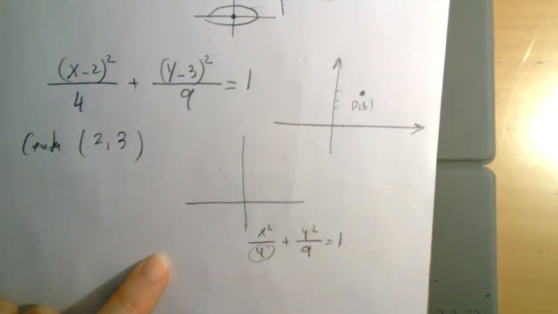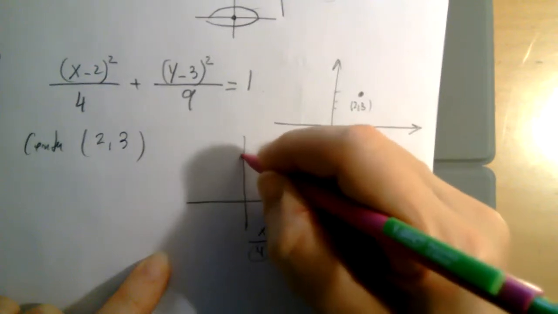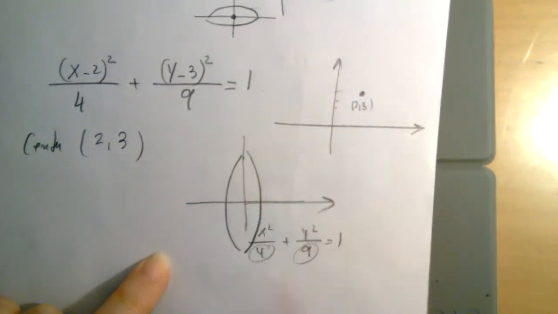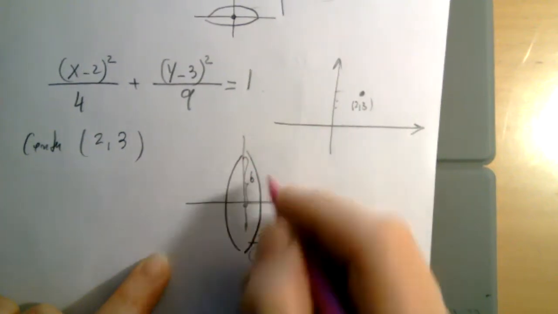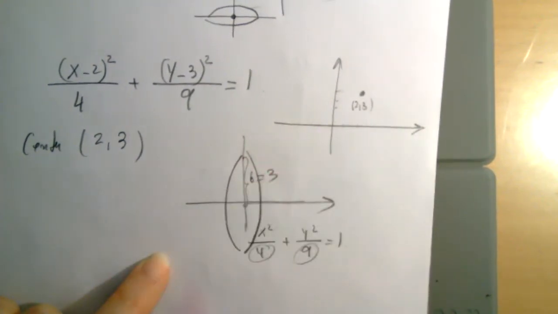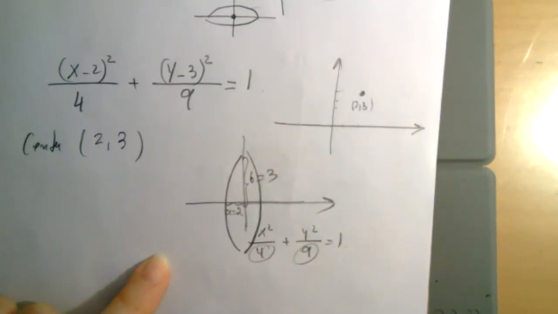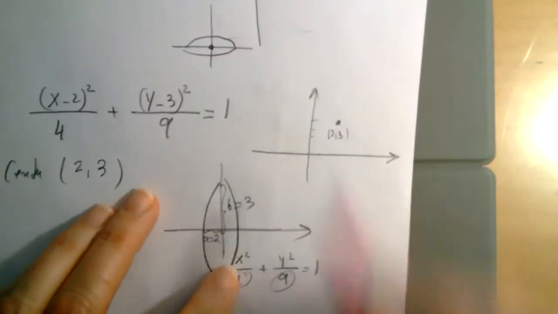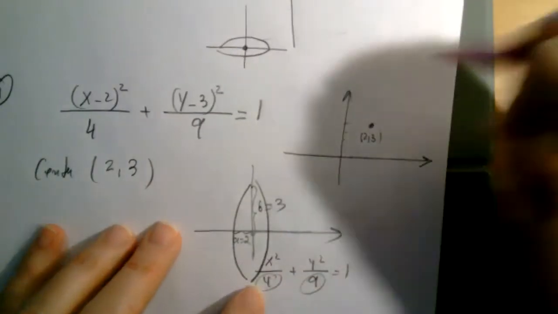That's the a squared, and that's the b squared. This is my b, which is 3, and this is my a, which is 2. So my new ellipse will be exactly the same, but the center now will be (2, 3). And with that, we can figure out everything about it.